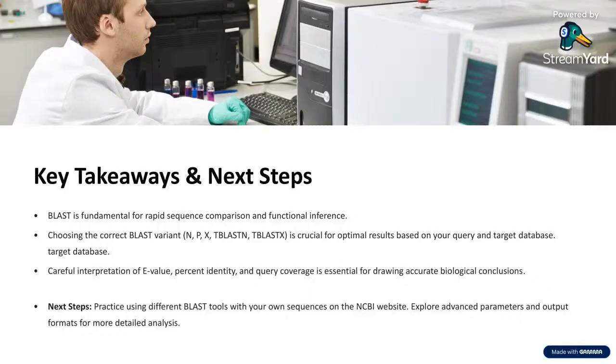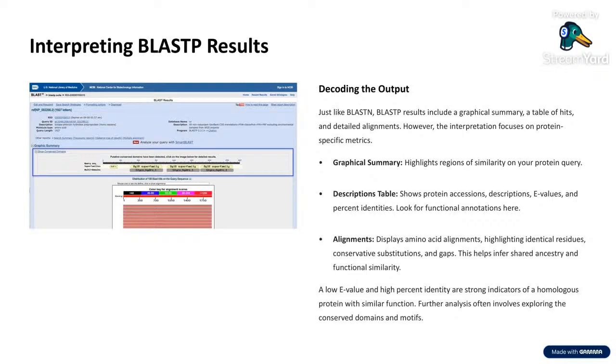The result will show a graphical summary of alignment between the translated query and known proteins, and a description table listing protein hits with e-value, percent identity, and alignment score. A translated protein alignment shows how your DNA maps to the protein sequence. This helps us identify possible coding regions even if the DNA was not annotated.